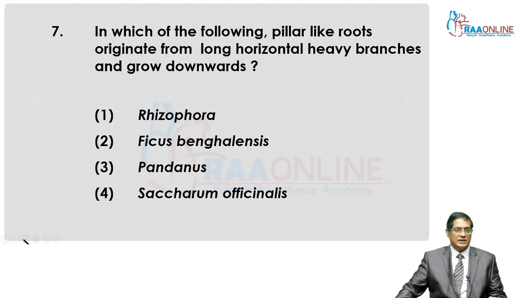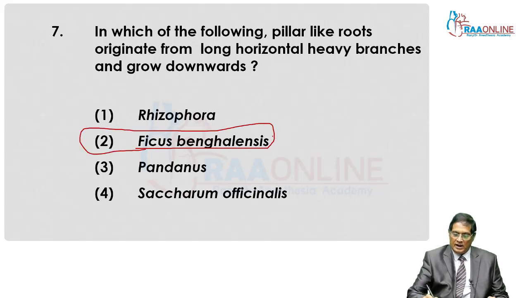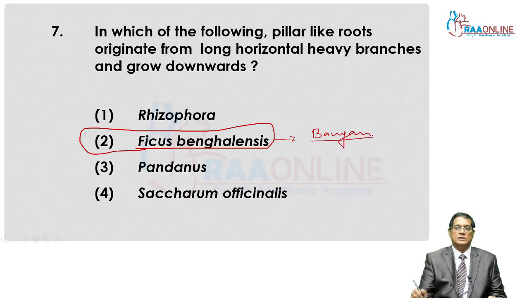We have already studied, they are the prop roots, and prop roots are found in Ficus bengalensis, that is banyan. This is the banyan plant, known for prop roots.